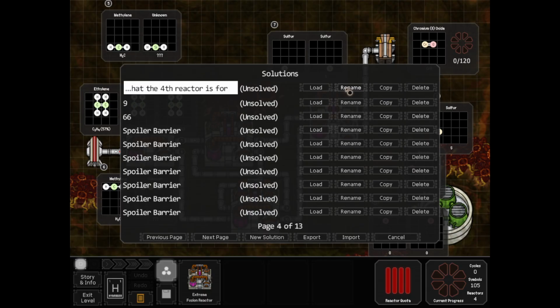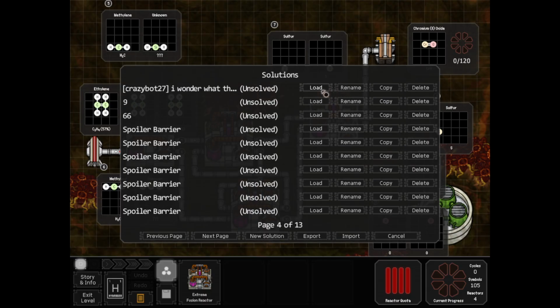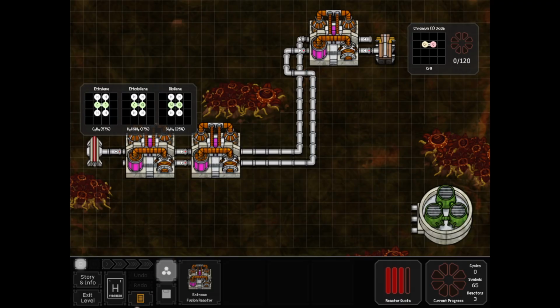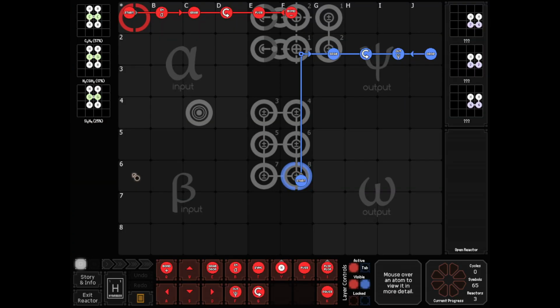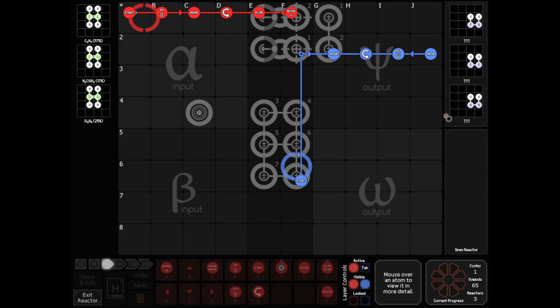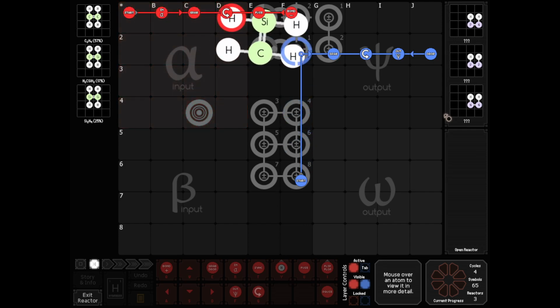I wonder what the fourth reactor is for. So CrazyBot only uses 3 reactors, 9 cycles per input, and a latency of 66 on top of that. I think my historical first solution also did basically this. So this... Oh no, it did not. Never mind.